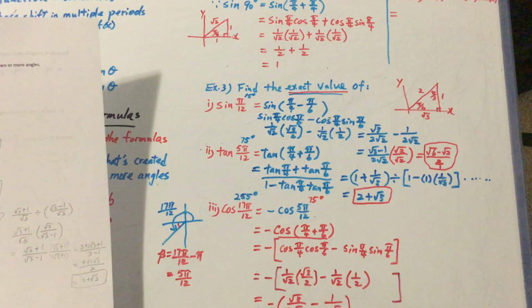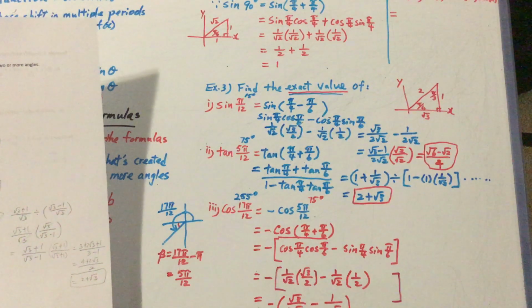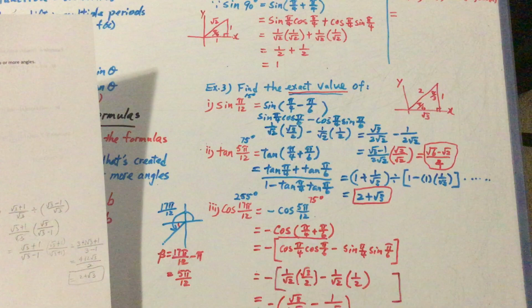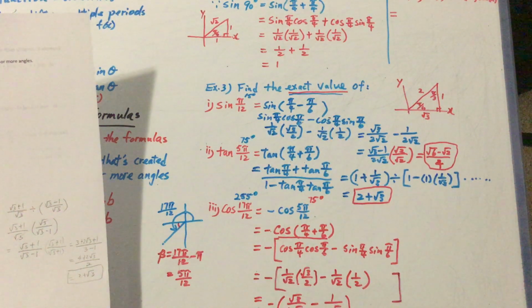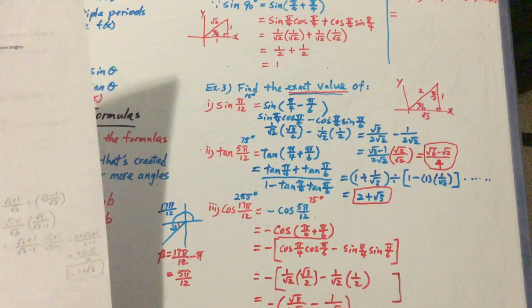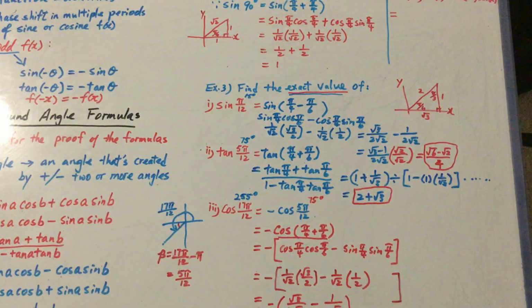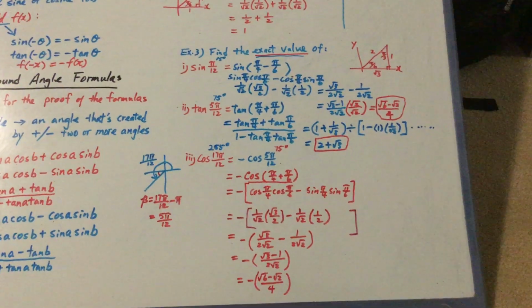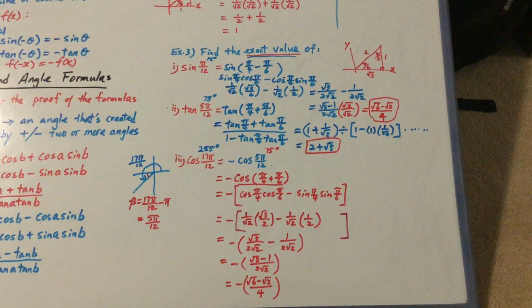So I should be getting root 6 minus root 2 over 4. Then of course we should enclose it with the brackets. Okay, so this is going to be the final answer for example number 3.